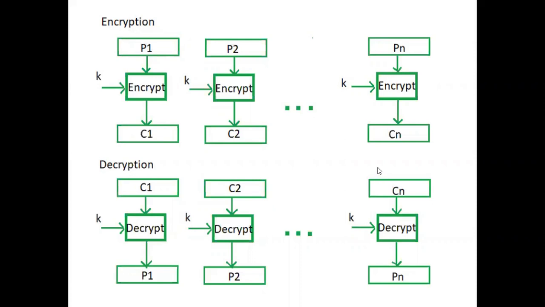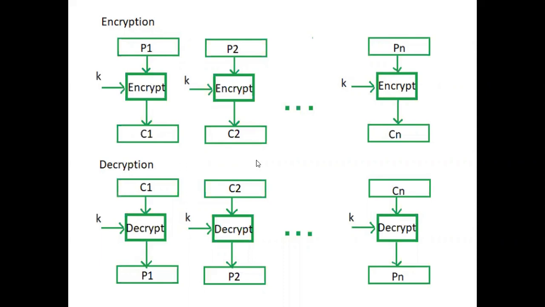Your block of content is encrypted using the key K, and then you get the ciphertext. The same key K is used in all the blocks. The procedure is the same: taking that block of content, performing the encryption with the key K, and getting the ciphertext.